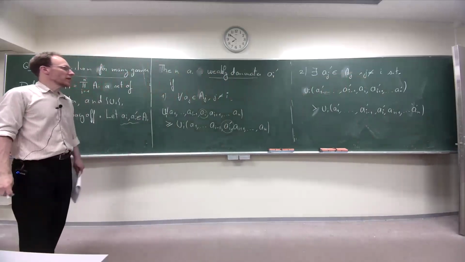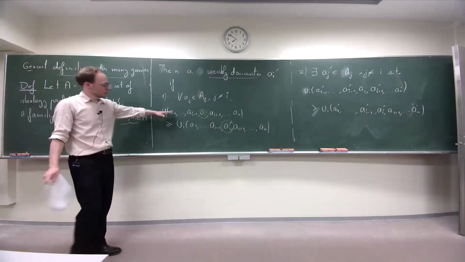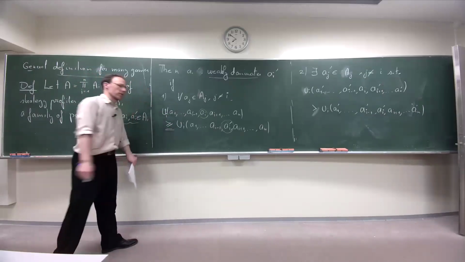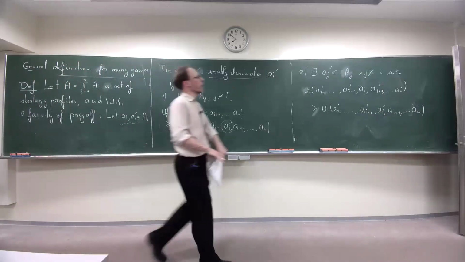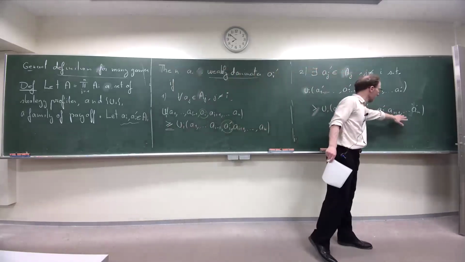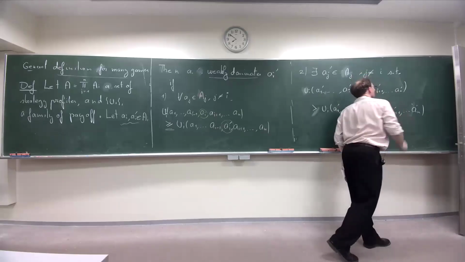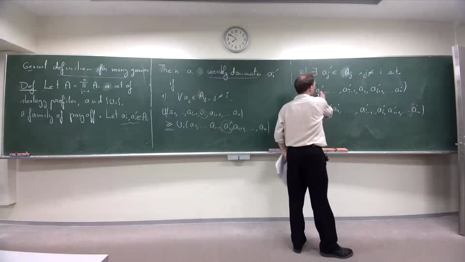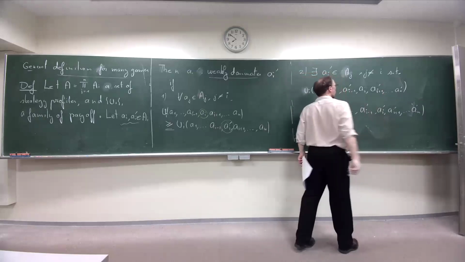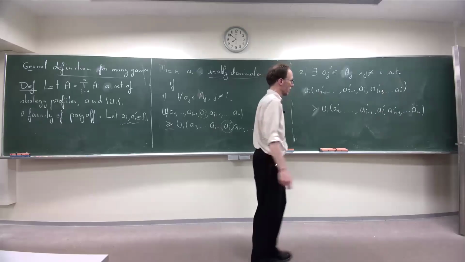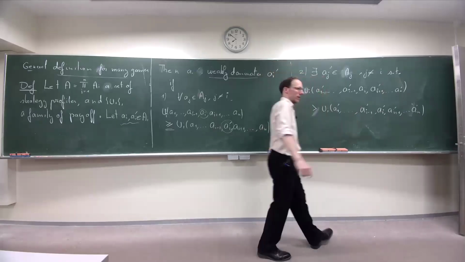So weakly dominates means you always have an inequality or equal, but at least for one other strategy, you have a strict inequality. So again, all these are the same, but for one of them, you have a strict inequality.